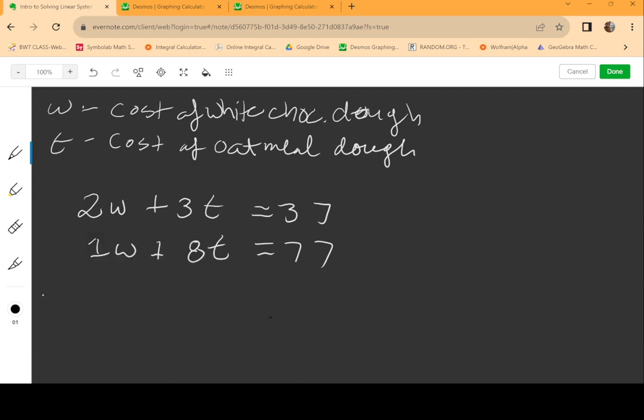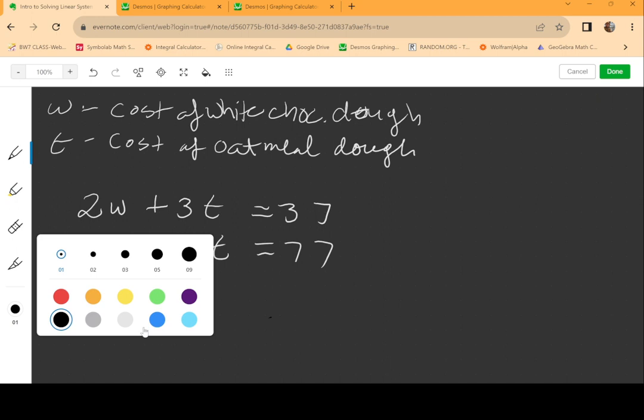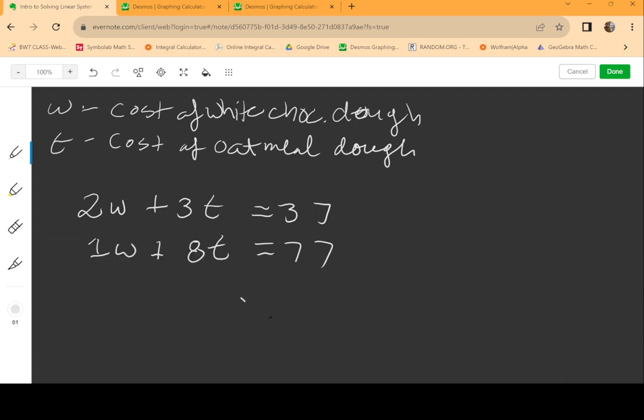Our first equation is what Gabriella sold: 2 of the white chocolate plus 3 of the oatmeal dough gives us a total of 37. The second equation is what Jacob sold: 1 of the white chocolate chip cookie dough and 8 of the oatmeal dough for a total of $77.